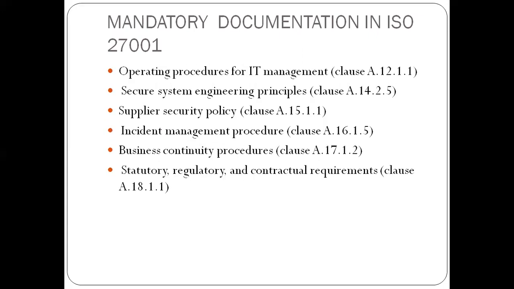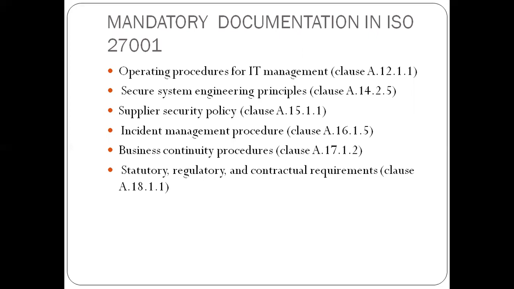Operating procedures for IT management. That refers to documentation of procedures in IT. We have that in clause 8.12.1.1. Secure system engineering principles, clause 8.14.2.5. The supplier security policy, clause 8.5.15.1.1.